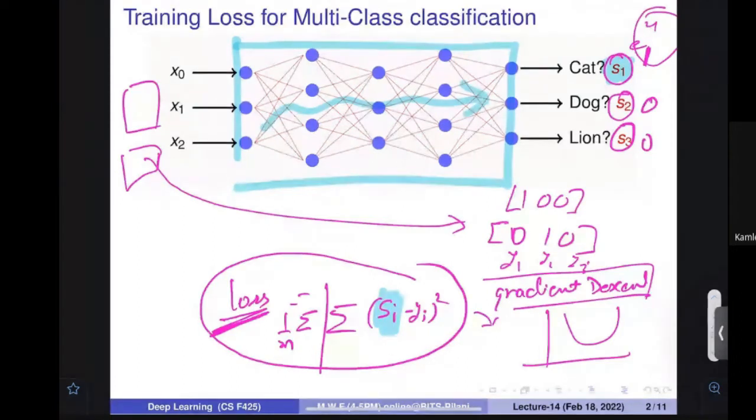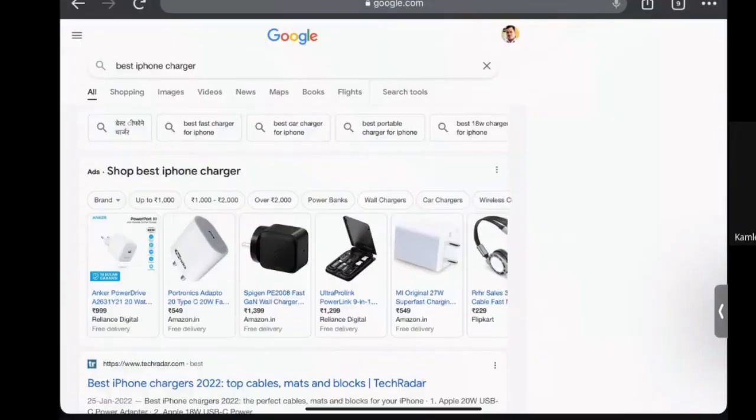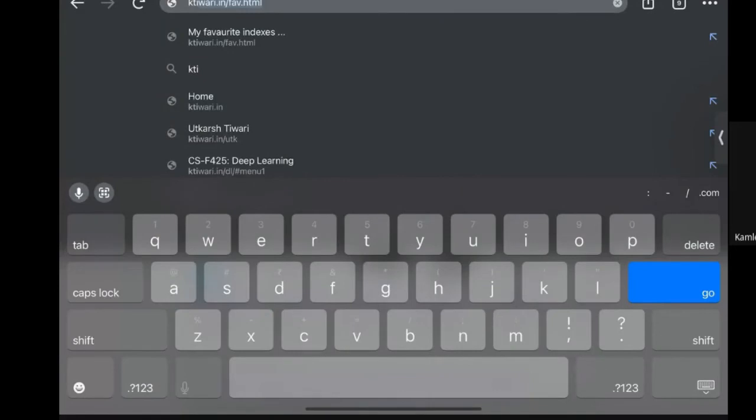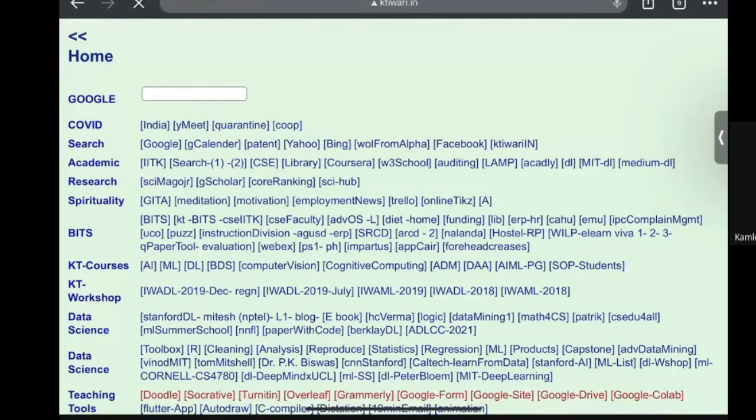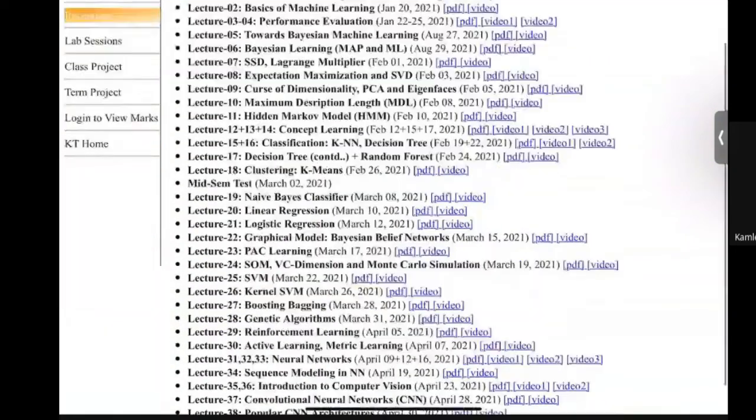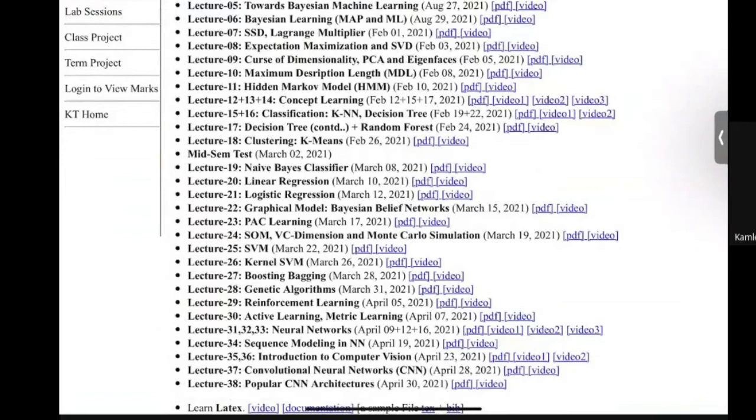Why this is not a convex function is again something that needs a lot of mathematics to explain. So if you are interested, you can go to see one of my lectures at ktheory.in, my own website. There is a machine learning course that I offered last semester. If you go into the resources, you can find lecture numbers 20 and 21, linear regression and logistic regression.